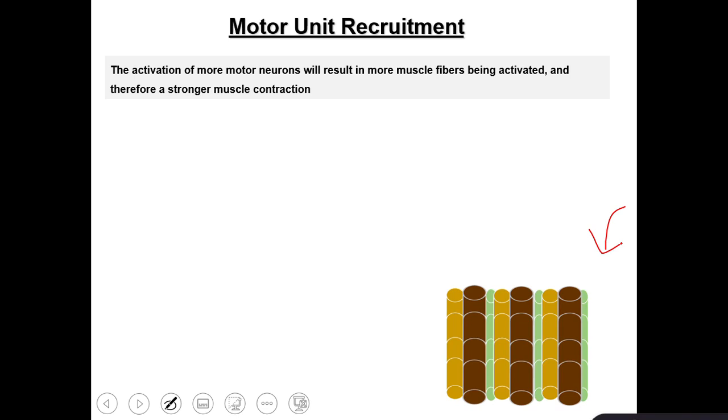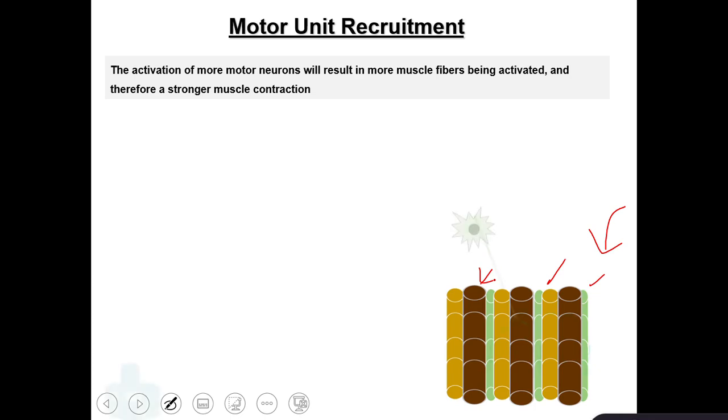And here we can see three types of muscle cells. The smallest in green, the medium size, and the brown ones here are in large size. So what will happen when you start contraction? You will start, for example, with a single motor unit. And again, this is for simplicity.